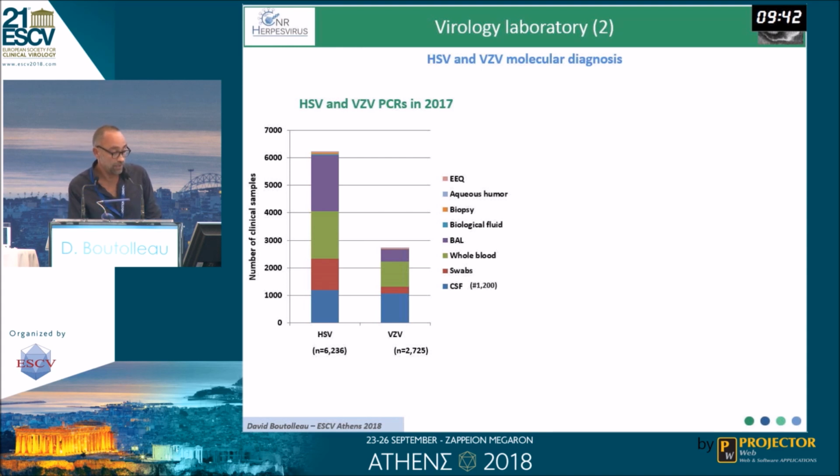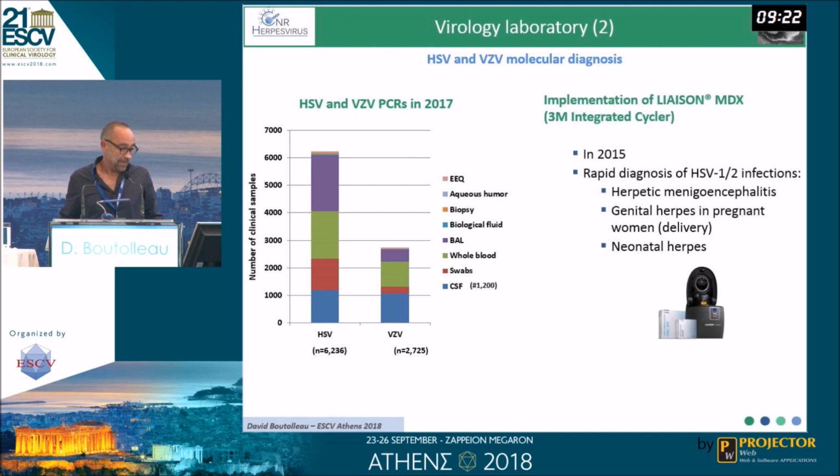But also, as you can see, we are able to test swabs, blood, bronchoalveolar fluids, other biological fluids, biopsies, some ocular aqueous humor, the ocular samples, and of course, external quality controls, which is a big part of the activity.